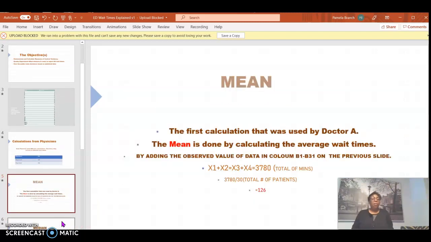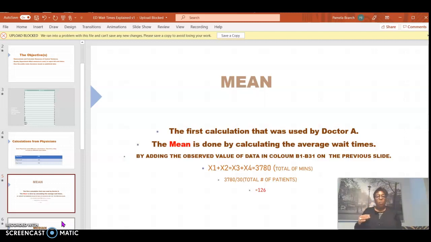Okay, on our first calculation, this is called the mean. Dr. A used this calculation to calculate the emergency department wait times by adding all the observed values of the data, which was in column B1 to B31.